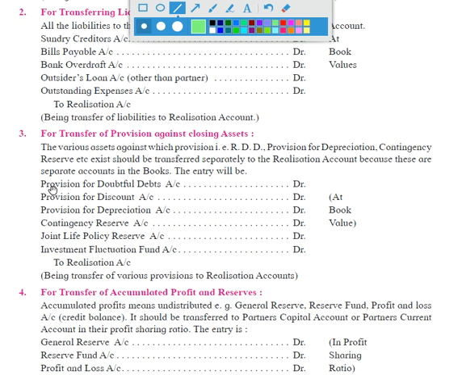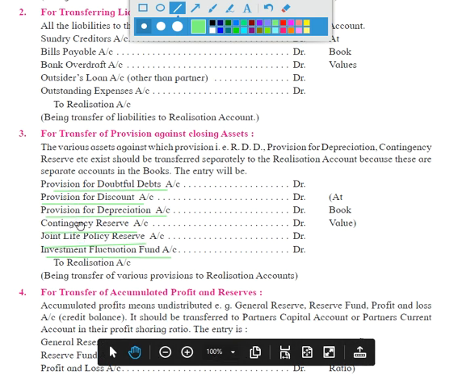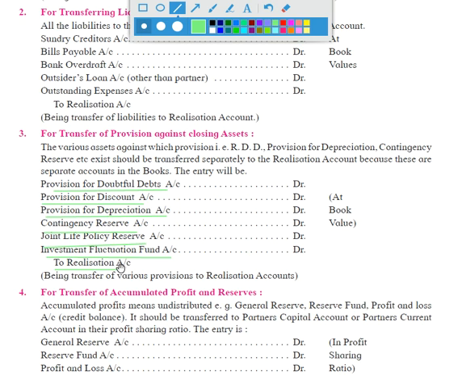The entry will be provisions for doubtful debts, provision for discount, provision for depreciation, contingency reserve account, joint life policy reserve account, and investment fluctuation fund account debit. This amount will be transferred to realization account.